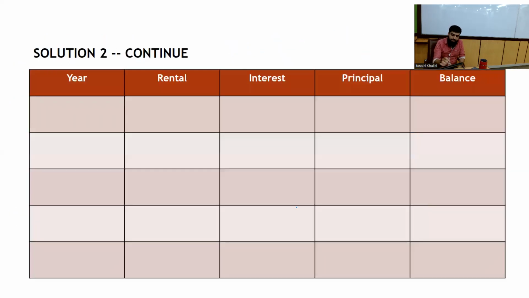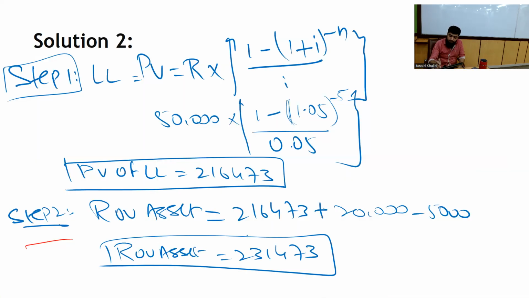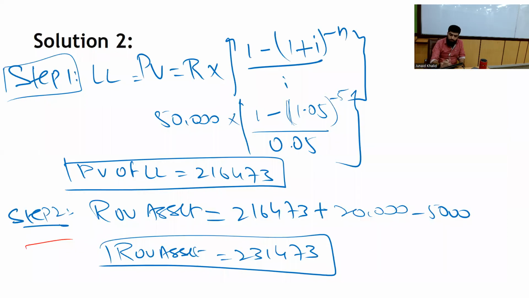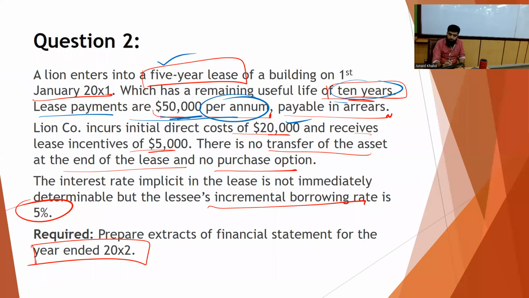First of all, the lease agreement started on 1st January 20x1, and there we had the present value of lease liability which we calculated, 216,473. That was the initial lease liability recorded. The first rental was paid on 31st December 20x1.